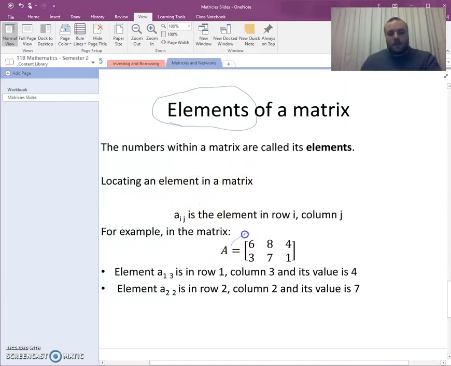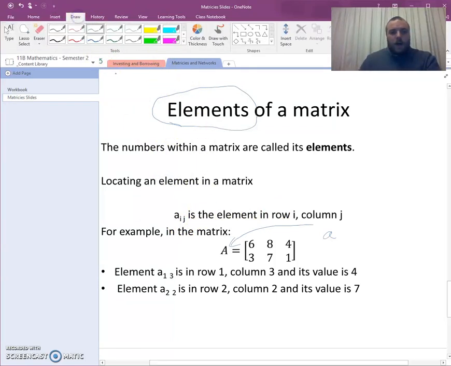If we were to call this matrix A, then each element gets referred to as the lowercase a, and you'll sometimes see i and j. Now this can take a little while to get used to. The i refers to the number of rows, and the j refers to the column.